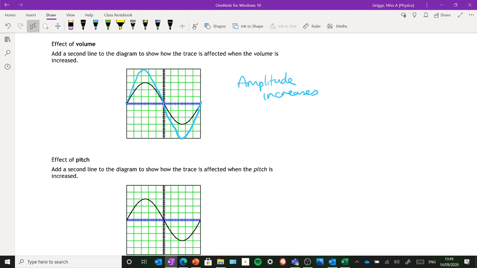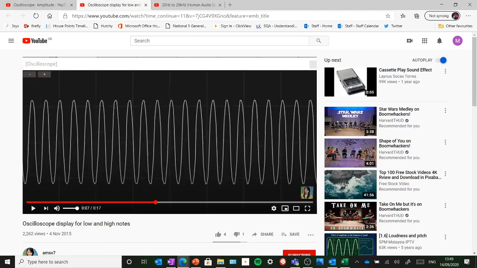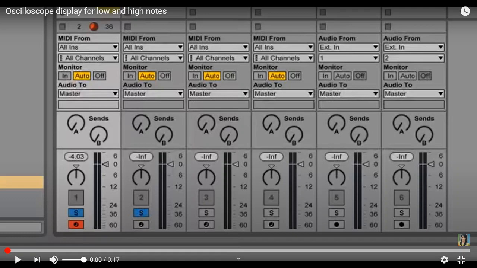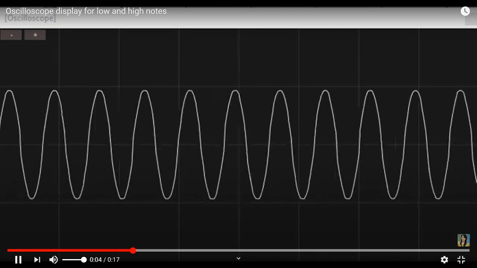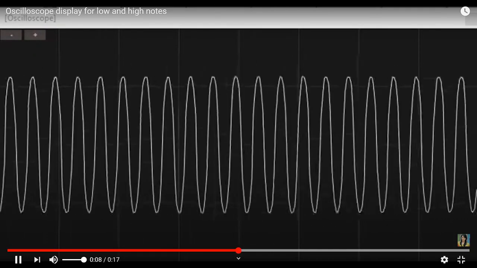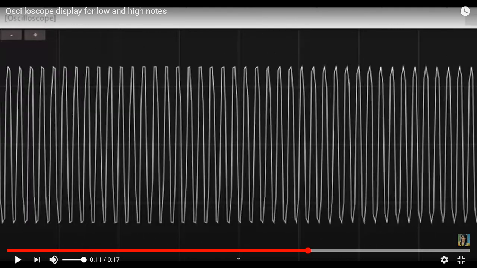Okay. And so the next one is pitch. So this one actually is pitch. So let's go back. Okay, so it's going higher in pitch, and we're seeing there's more and more waves on that screen.